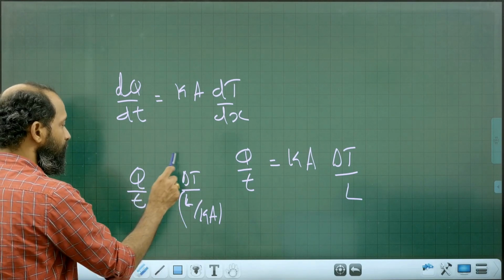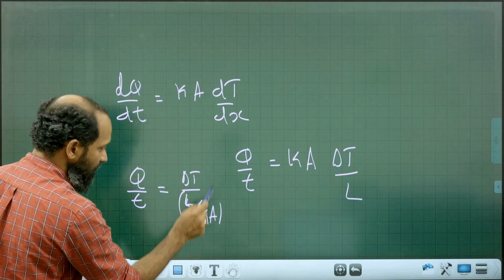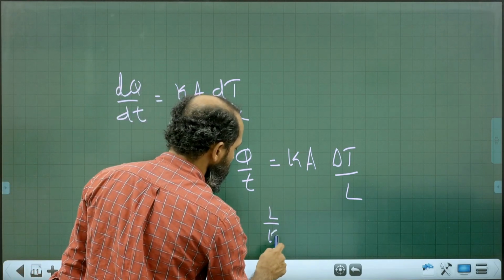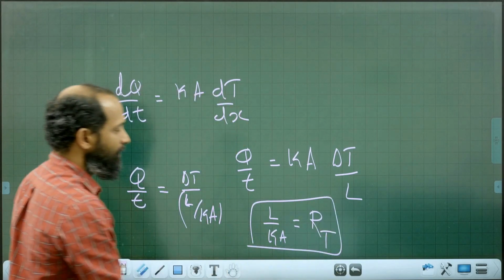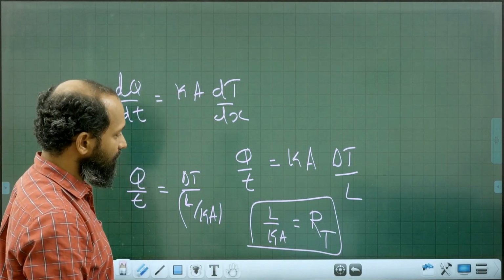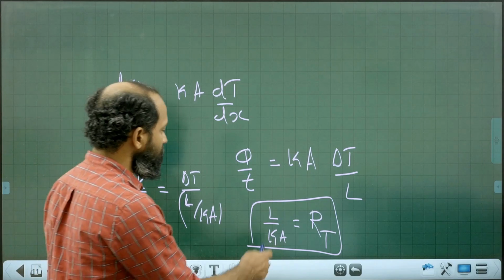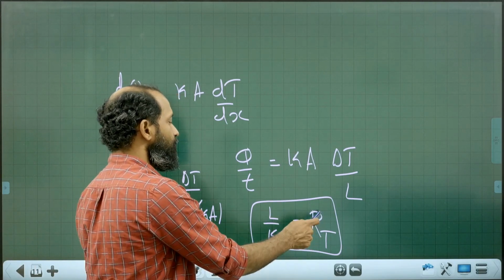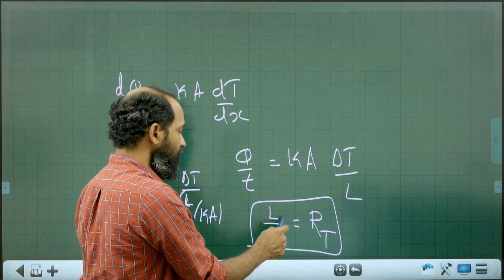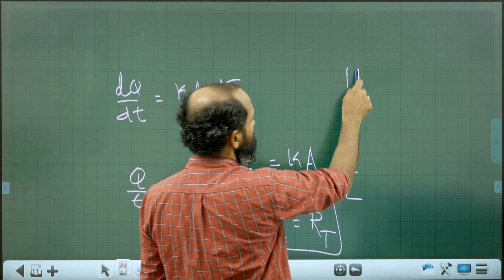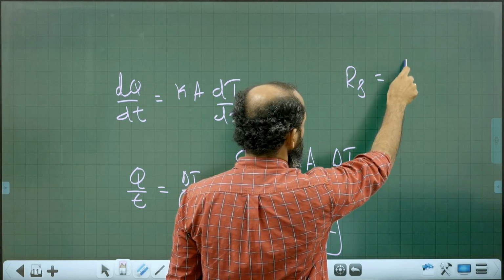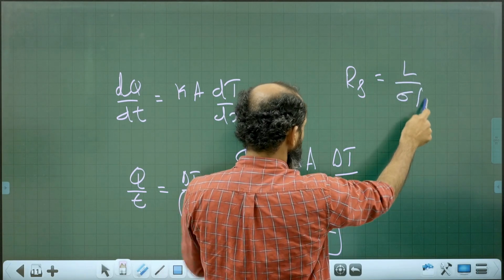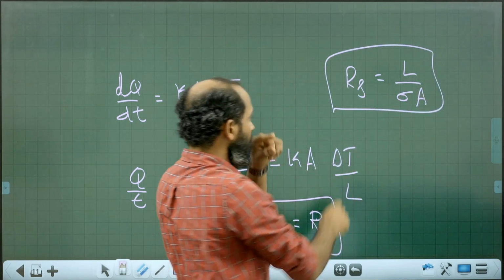Current is equal to potential difference by resistance, where L by K A can be termed as resistance, called thermal resistance. Thermal resistance is proportional to length, proportional to 1 by area, proportional to 1 by K. It very much resembles electrical resistance. What is electrical resistance? L divided by sigma A, or rho L by A.